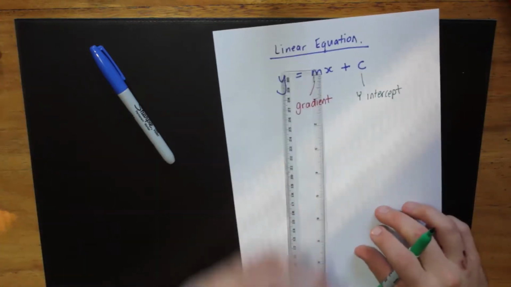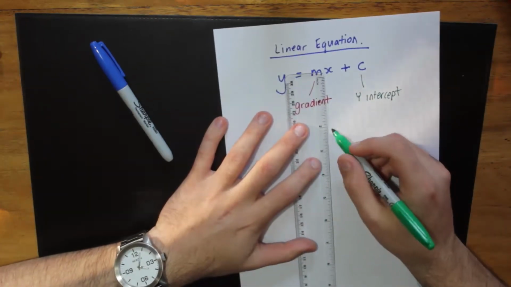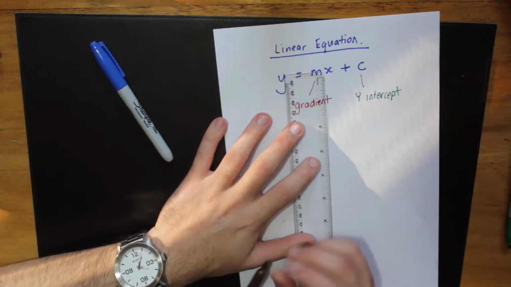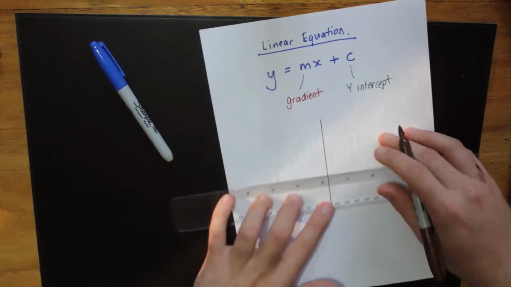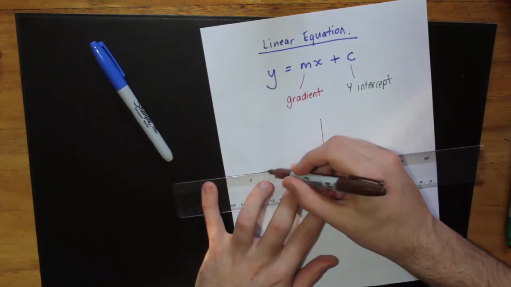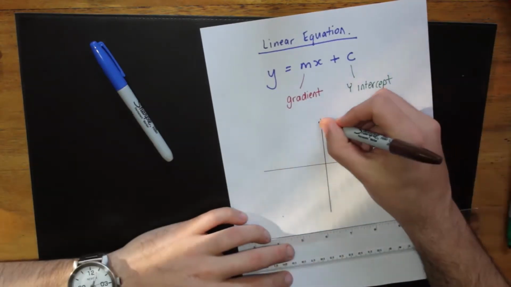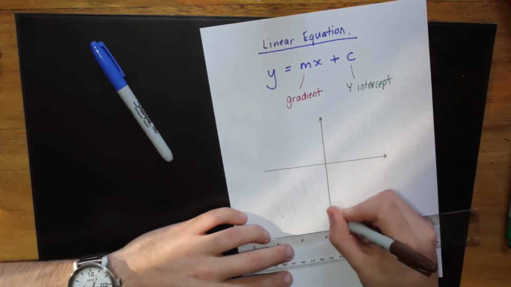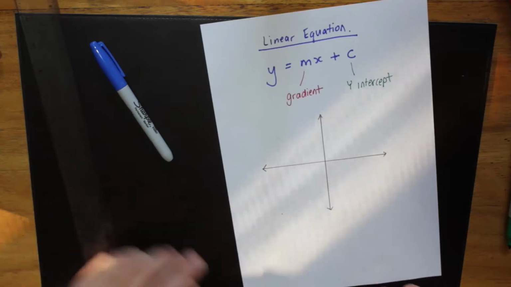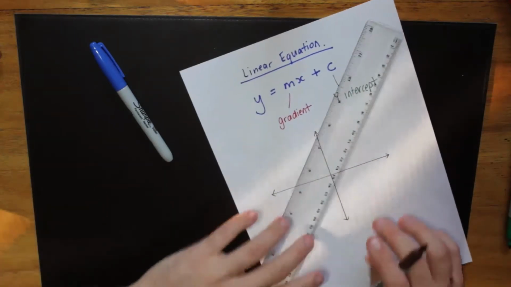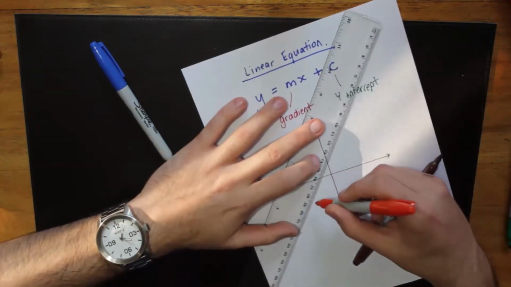Or, in other words, let's draw one up here. Let's represent all these visually, shall we? So if I draw myself a little Cartesian plane here, and say this was my line.